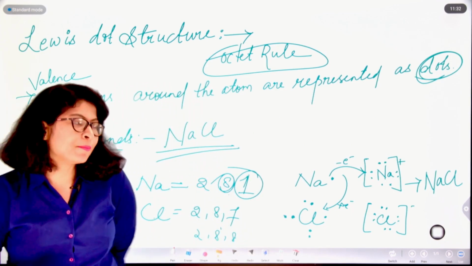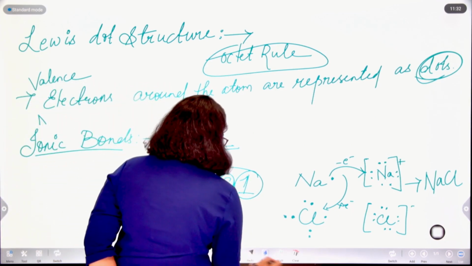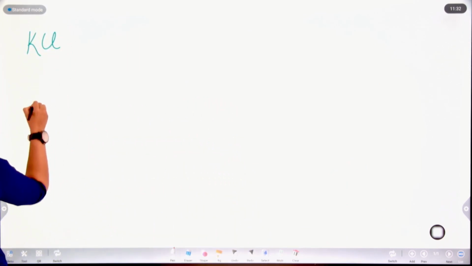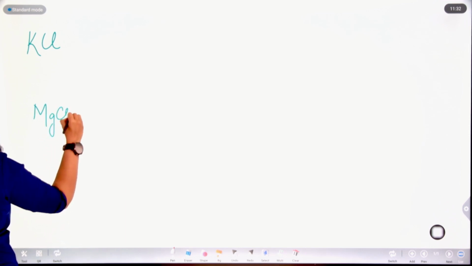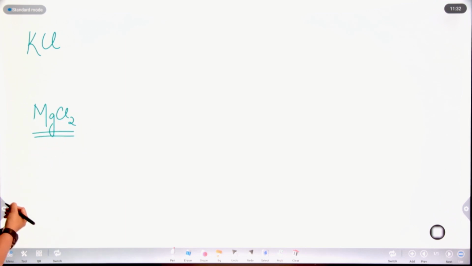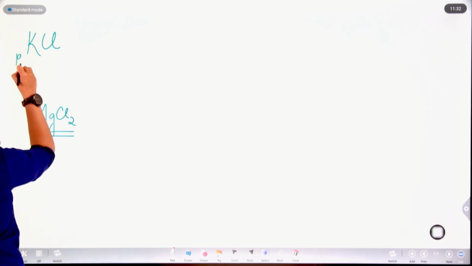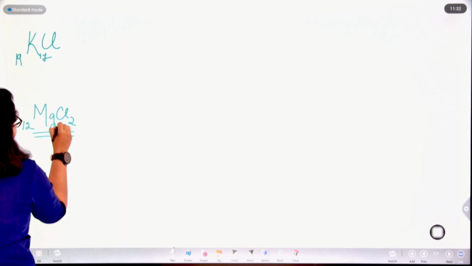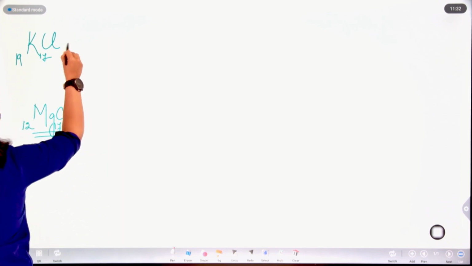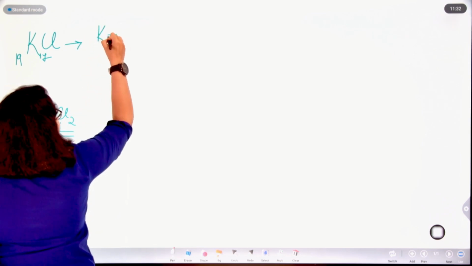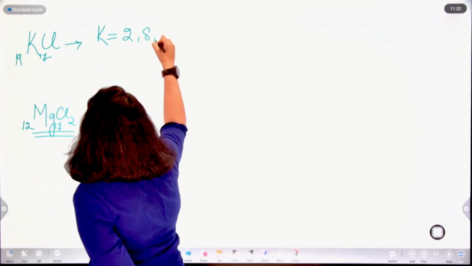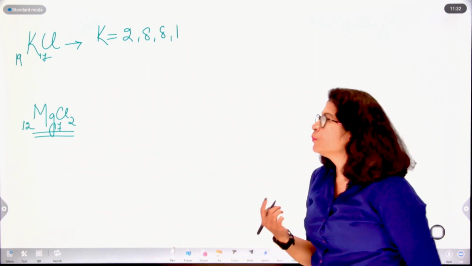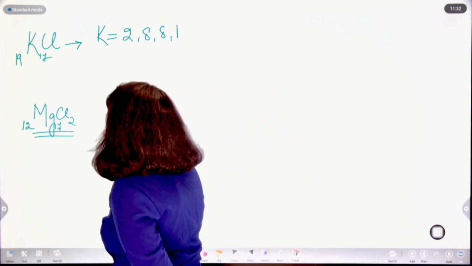If we take another example like KCl and another, MgCl2. For potassium the atomic number is 19 and it's 17 for chlorine. For magnesium it's 12, again 17 for chlorine. The electronic configuration of potassium turns out to be 2, 8, 8, 1. We can obviously do the 1s2 2s2 configuration, but it's also okay.